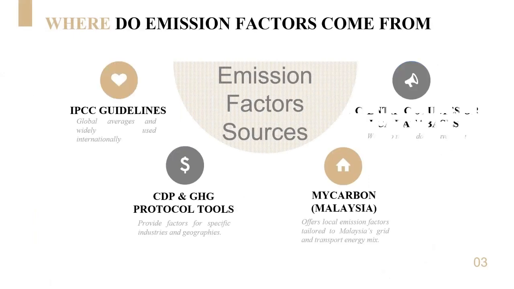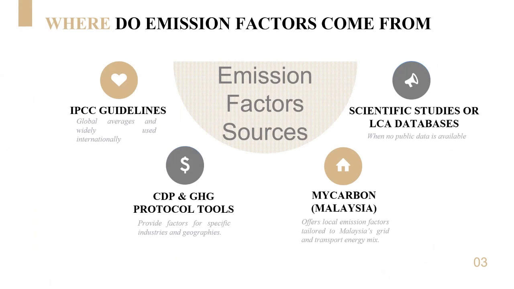Where do emissions factors come from? Reliable emissions factors usually come from an established database. Some key sources include IPCC guidelines. These are global averages and widely used internationally. MyCarbon in Malaysia offers local emission factors tailored to Malaysia's grid and transport energy mix.